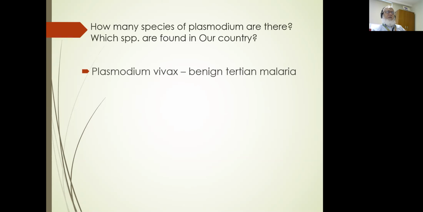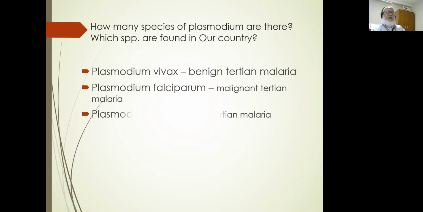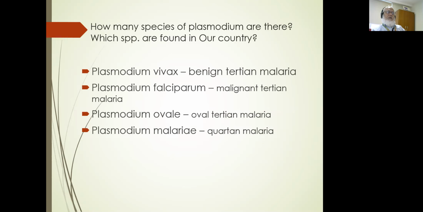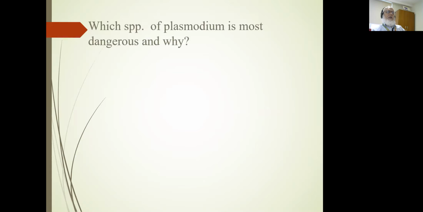How many species of Plasmodium are there, and which species are found in our country? Plasmodium vivax, falciparum, ovale, malariae, and there is another species, of which vivax and falciparum are found in Bangladesh. Which species of Plasmodium is most dangerous and why?